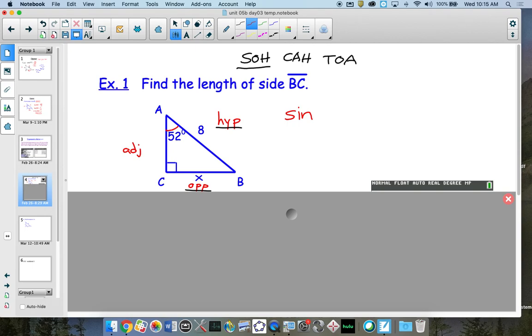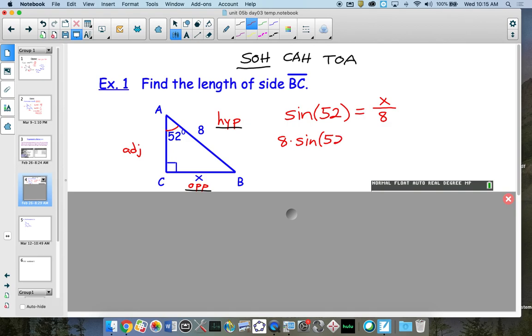All right, so let's set it up. The sine of our angle, which we know, so I'm going to plug in 52 for that, is equal to the opposite, which is x, over the hypotenuse, which is 8. So remember, sine of 52 is just going to be a decimal if we punch it in on our calculator. To solve this equation for x, we're dividing by 8, so we need to do the opposite, multiply both sides by 8.